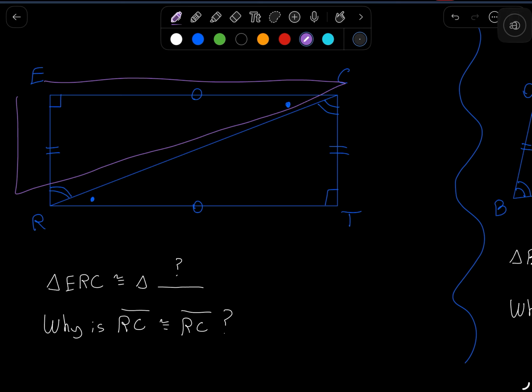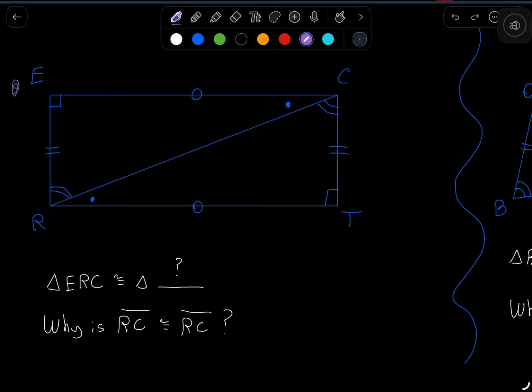This is where the corresponding concept comes into play. If you're starting at E, go to R, and then you go to C, well, let's follow that same logic, but with the other triangle in this problem. So now you know E is a right angle, so you know you have to start at a right angle.